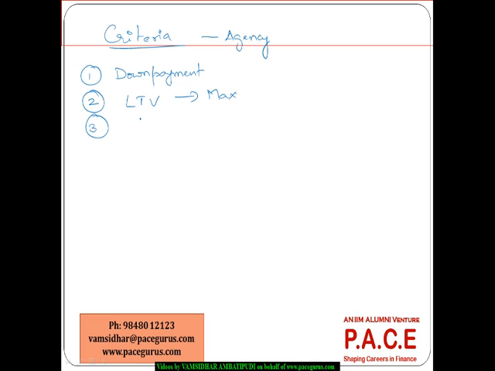And the size of the loan. What is the maximum amount that can be borrowed? Anything beyond that is treated as a risk, so it will not be included into the RMBS. What is the kind of documentation that is associated with that particular property? What is the kind of insurance?